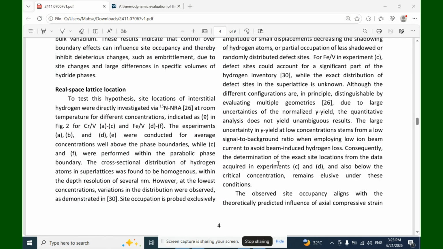Consequently, the determination of the exact site locations from the data acquired in experiments C and D, and also below the critical concentration, remains elusive under these conditions.